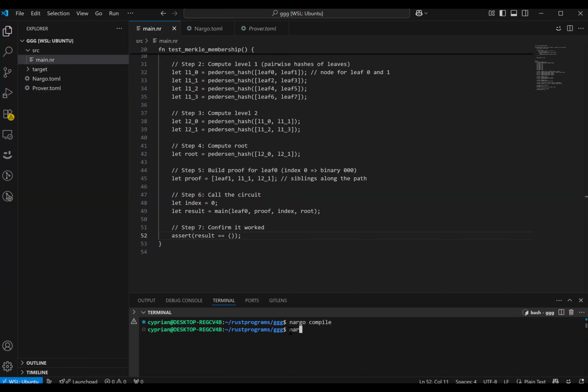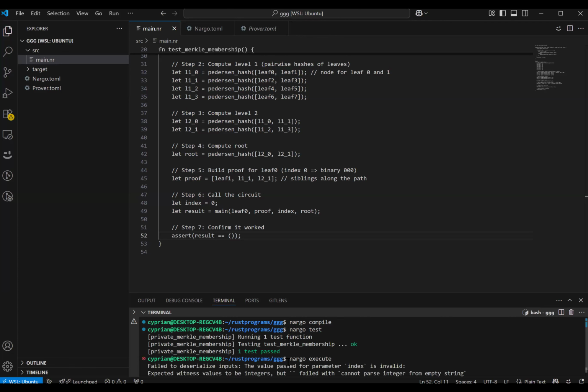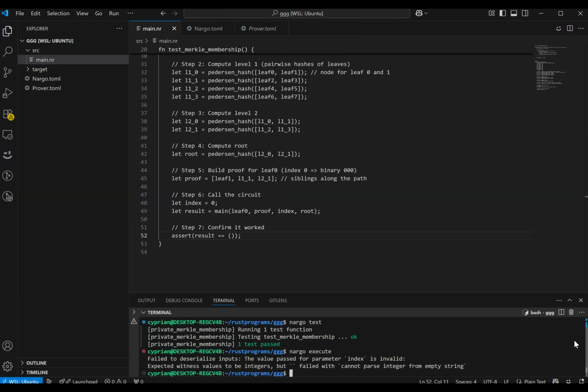You can do nargo test just to confirm that our tests are also correct. If you want to generate a witness, you can say nargo execute. Okay, it says it was unable to deserialize inputs. The value passed for parameter index is invalid.